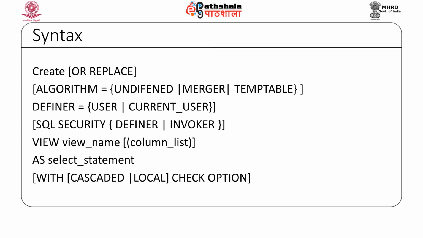There is also the with option, that is with cascaded, local or check option, that is cascaded or local. Cascaded means if you are creating a view on a particular table, that table might have referential integrity constraints with multiple tables. Say a student table exists, and the student table has the data of student personal details and student exam.